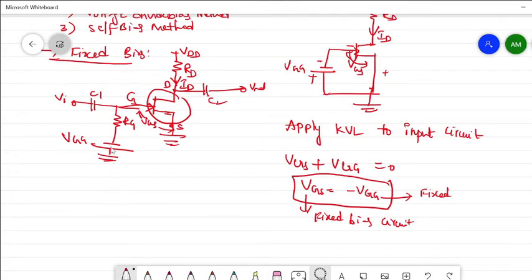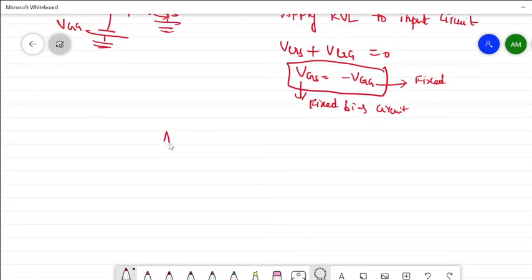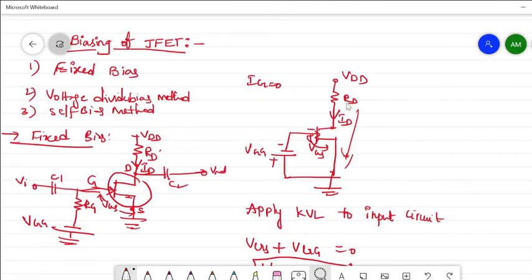Next, apply KVL to the output loop. The output is this part. Applying KVL to the output circuit, VDD minus IDRD minus the output voltage between drain and source, VDS, is equal to 0.